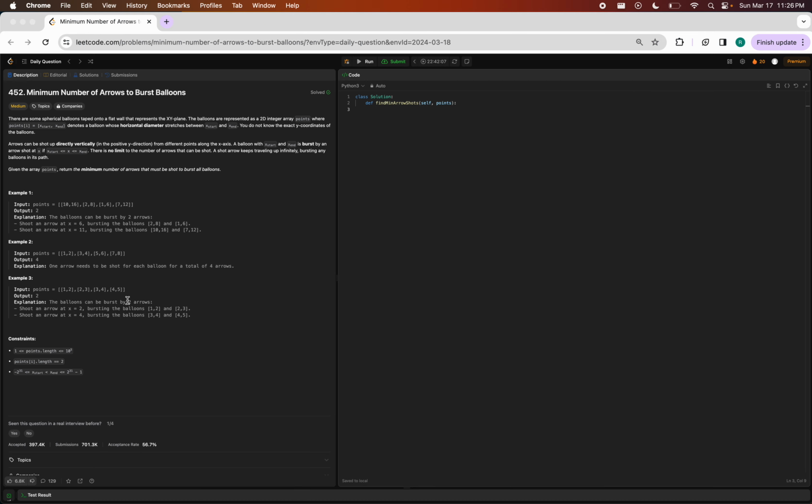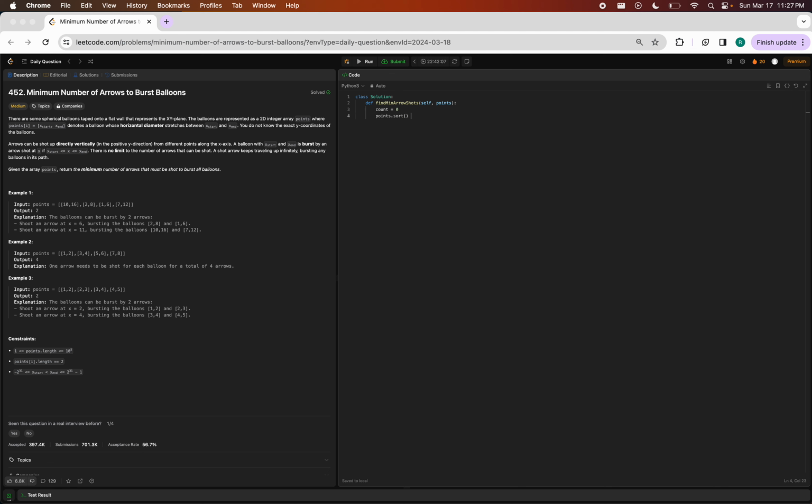Some variables we would need: let's just have count equals 0. And to make it easy to find these intervals, it would be best if we sort by the first index, so we'll just do points.sort.